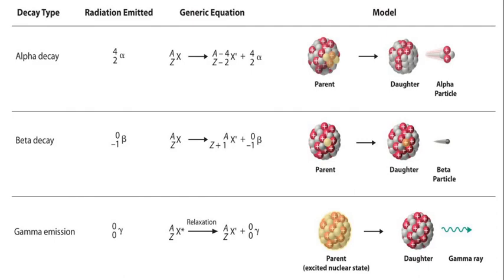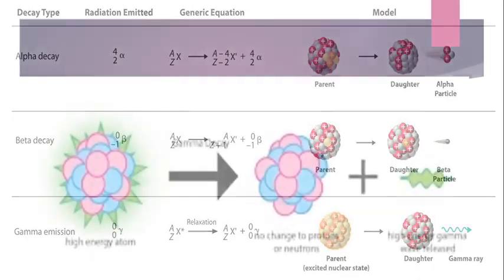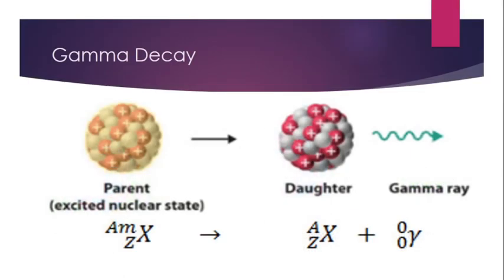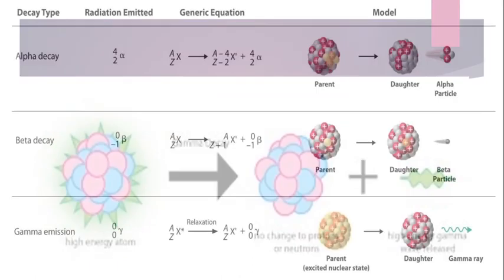And in the case of gamma emission, you have to note that the parent nuclei is in an excited state, and that excited state undergoes gamma decay and results in a stable state. The excited state can be shown with a star on the top. So you can write a star on the top of the X on the left hand side in order to denote that nuclei to be in excited state.